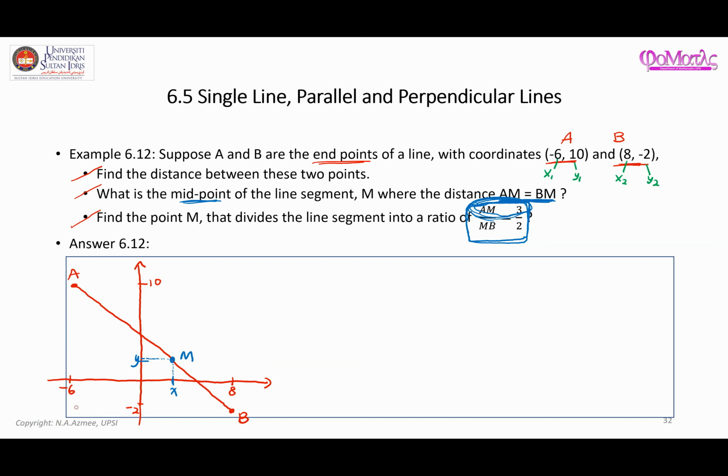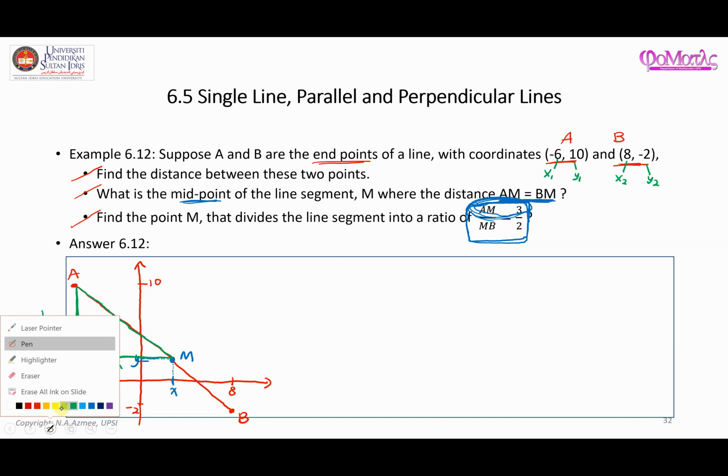So let's create a right angle triangle that corresponds to the distance AM. This is the distance AM and this is the right angle triangle. I'm going to name this side as A for AM, and this side here is B for AM.